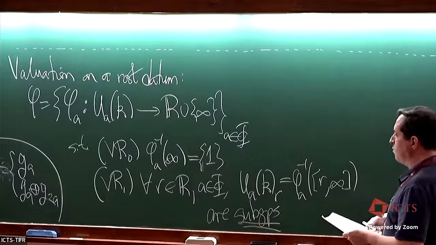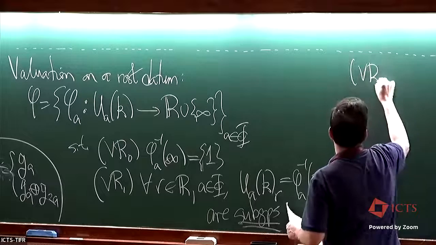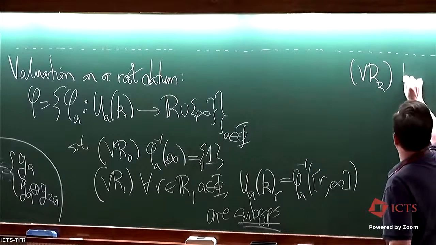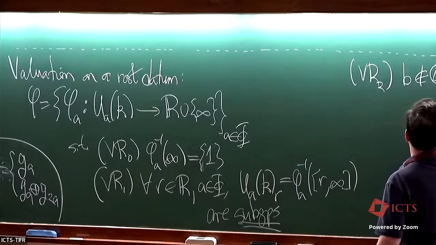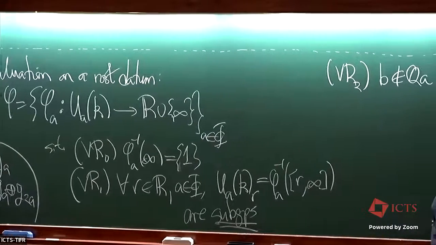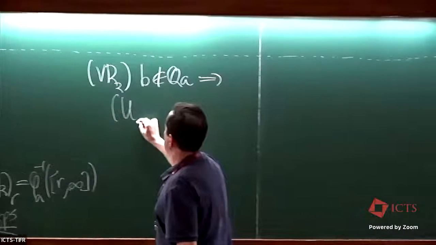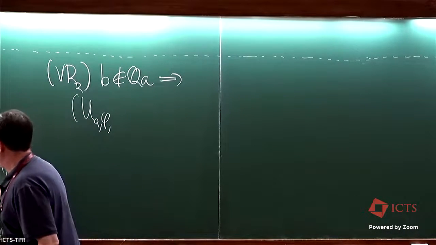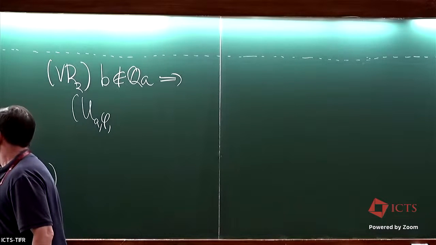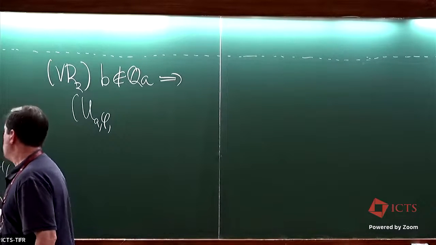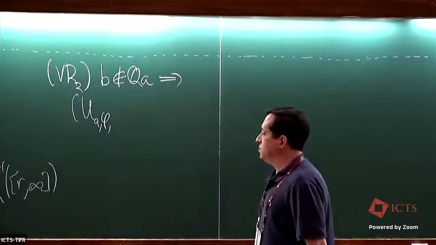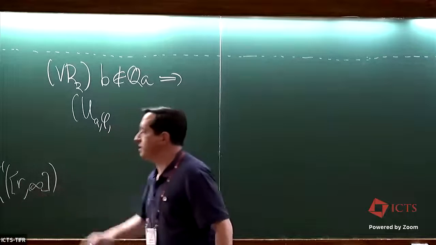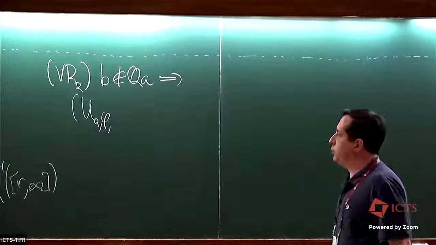Slightly more interesting than that, we have a commutator relation. If two roots are not multiples of each other, then let me call this U_{a,phi,r}. Again, this is a decreasing collection of subgroups of the root group as r grows.